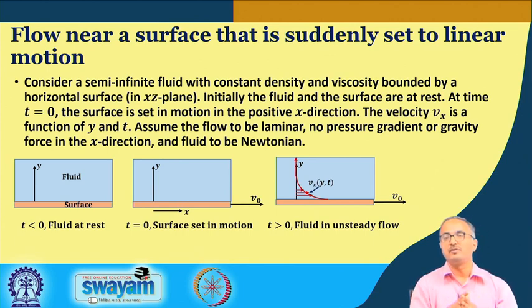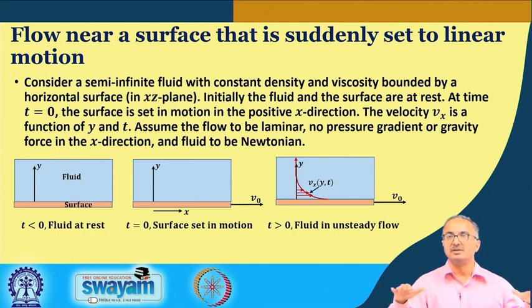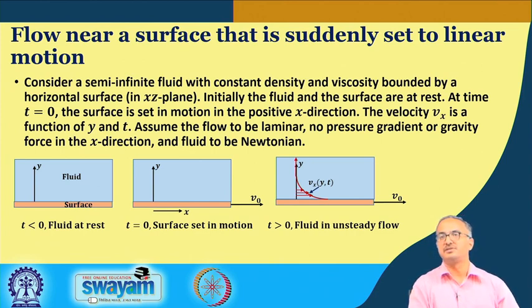Similarly, suppose a vehicle is there, whether it's a car or a train, the air which is in touch with the train or the car is also bound on one side by the particular object, and on the other end it is going to infinity, that means to a long distance. So, all these are examples of such a system of a semi-infinite fluid.